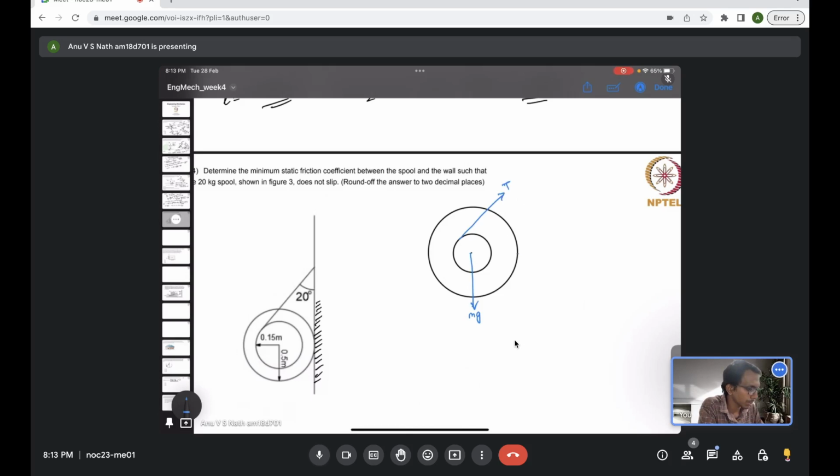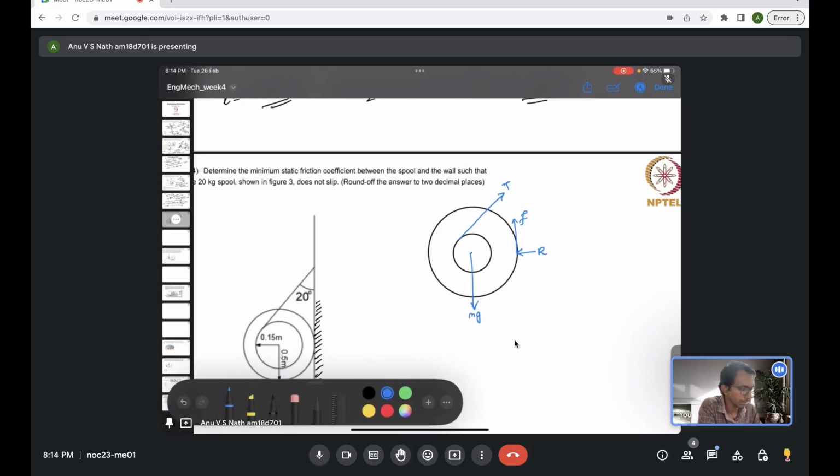Now from the wall there will be a normal reaction acting, and because gravity is pulling, it is trying to move downwards, so the friction will be opposing through the wall this way. So these are the forces acting on this system. Just need to do the force balance and moment balance. So we'll start doing that.